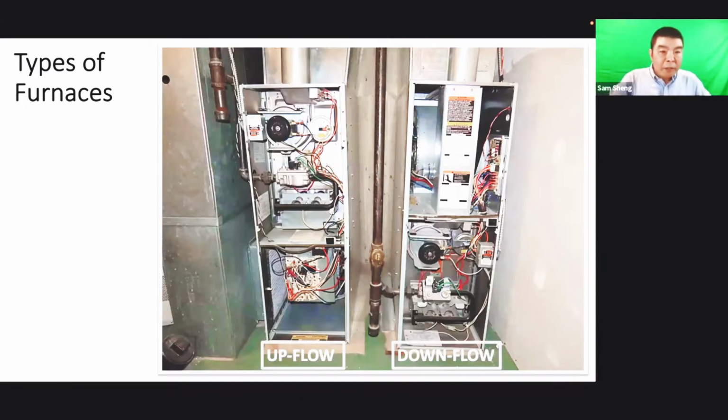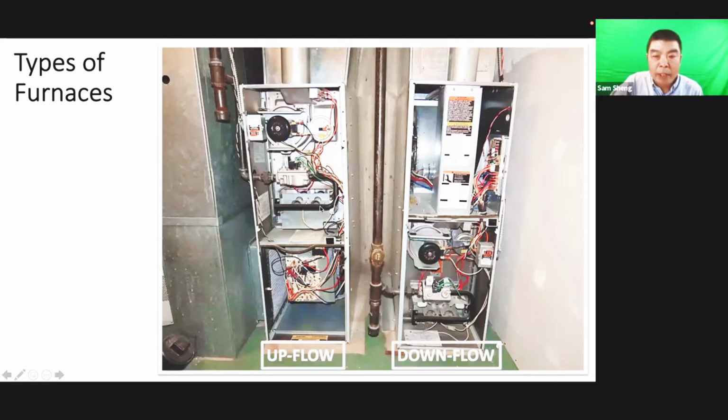So the types of furnace here is a comparison of the downflow and the upflow. Yeah, it's just like we talked about. So upflow, the blower motor and the control board are all in the bottom compartment. The air goes through the filter and then blows up, and this area is the heating area.